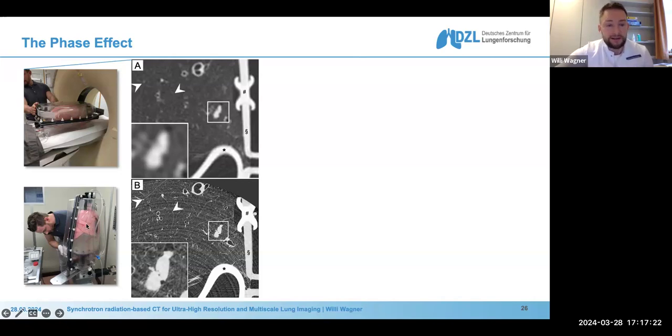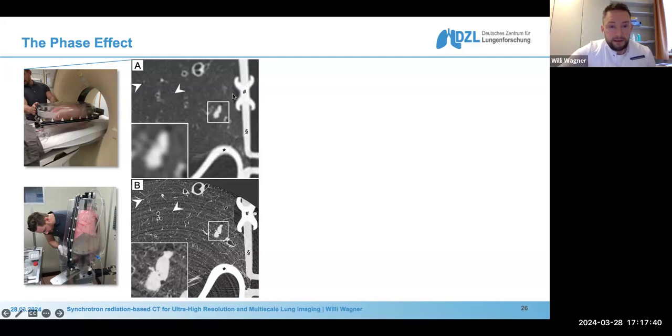It's a fresh lung, it's not fixed, from a pig. And we were able to look at it in the synchrotron and then look at the exact same lung in a top of the line clinical CT scanner. And we were able to compare the image quality of both.